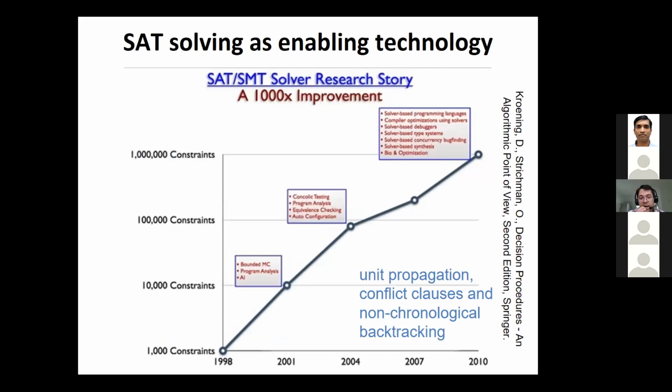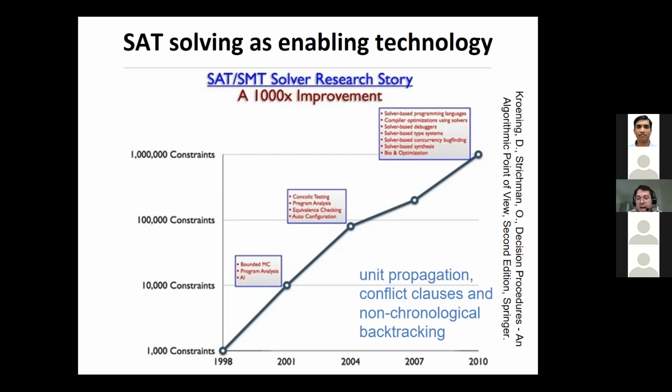So I start here with the SAT solver as the enabling technology, right? We have seen a major breakthrough in SAT solving in the early 90s with Chaff and GRASP.